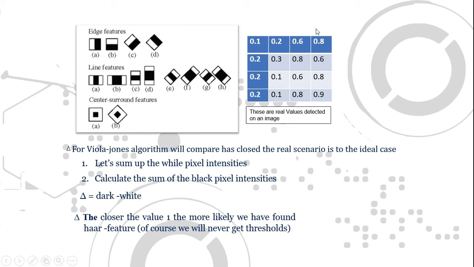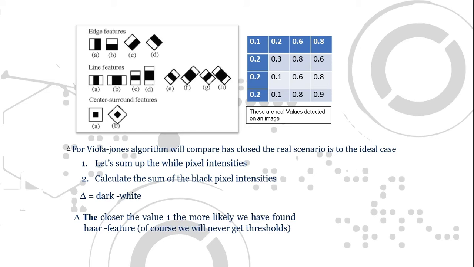In this diagram you can also see these are the real image calculated Haar features. We have calculated this with the Viola-Jones algorithm, which compares the real scenario to the ideal case.